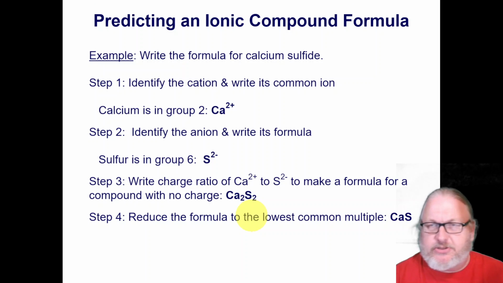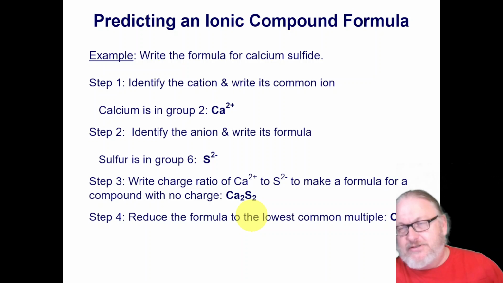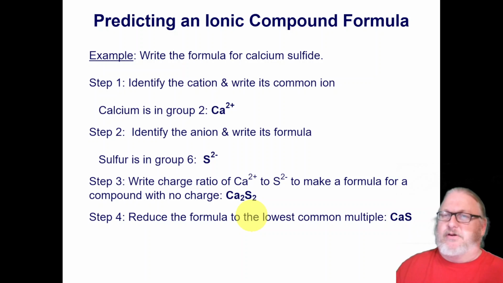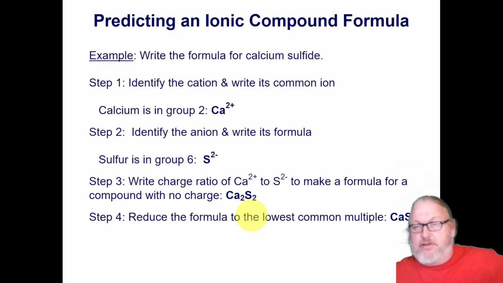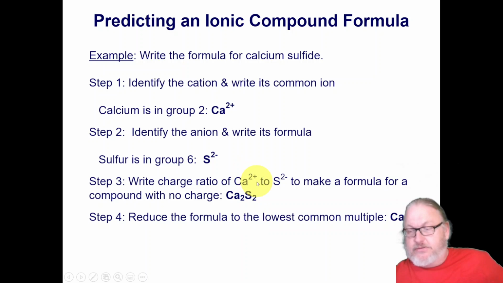Let's look at calcium sulfide. We want to make sure we don't screw this up. What is our cation, the metal? It's calcium, in group 2, so it's Ca2+. What's our anion? Sulfur, in group 16, so it has a charge of 2-. So I've got Ca2+ and S2-.